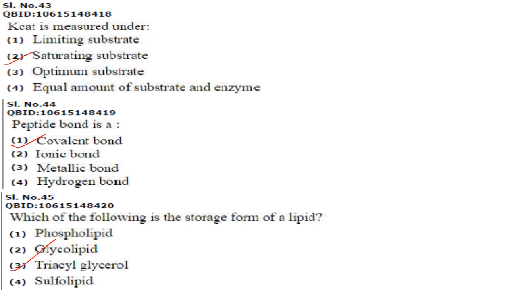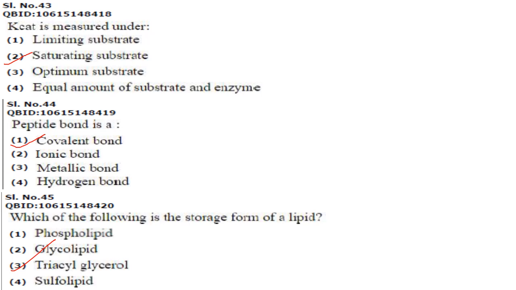Then kcat. Kcat or catalytic constant. It is defined as the number of maximum substrate molecules converted by the enzyme molecule into a product per unit time at the saturation of substrate on the enzyme.